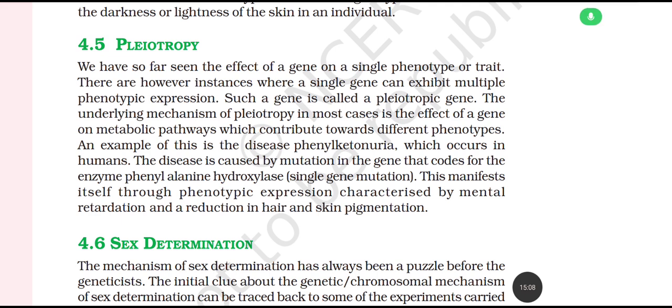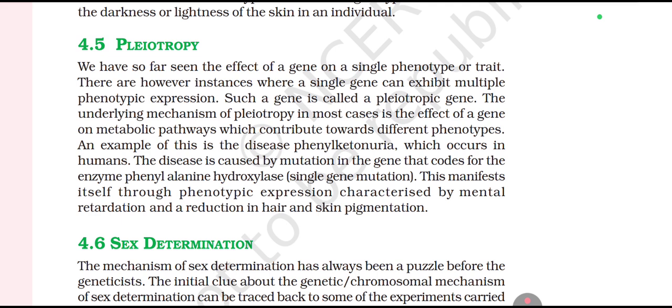4.5 Pleiotropy. We have so far seen the effect of a gene on a single phenotype or trait. There are, however, instances where a single gene can exhibit multiple phenotypic expression. Such a gene is called a pleiotropic gene. The underlying mechanism of pleiotropy in most cases is the effect of a gene on metabolic pathways which contribute towards different phenotypes.